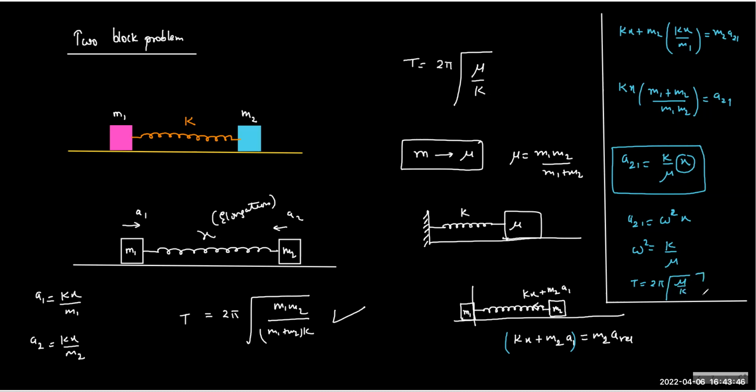Everyone remembers this. Maybe the first time you have to solve it, but next time you know that it's a two block problem, which you can reduce into a one block problem. Is this clear? Yes. So replace the two blocks by one block of value equal to the reduced mass.